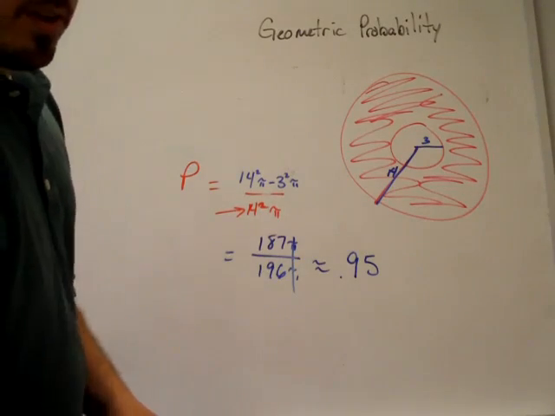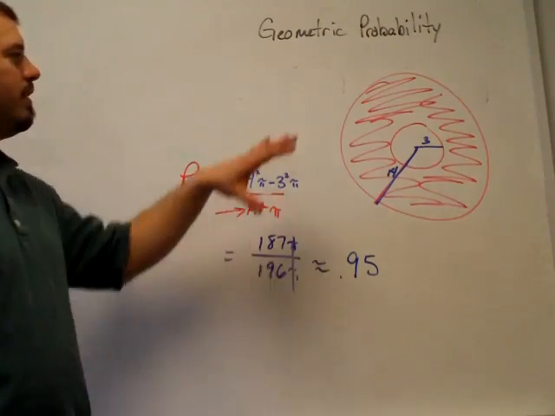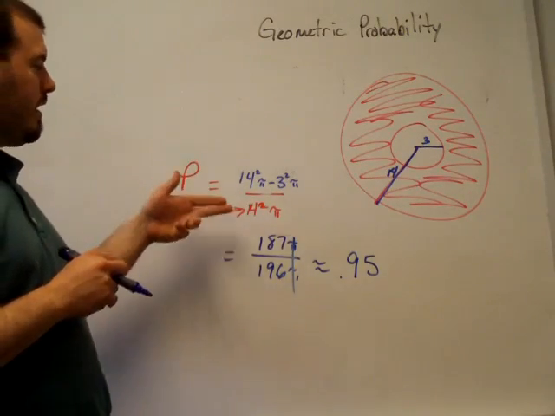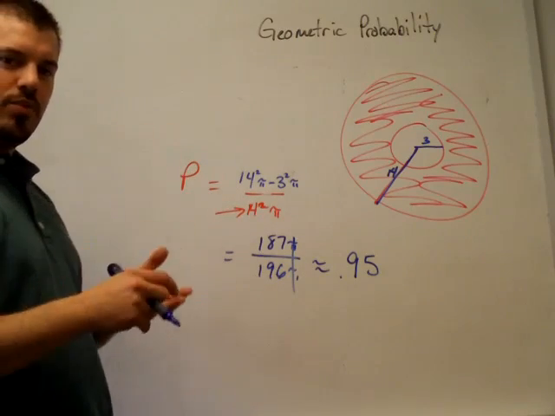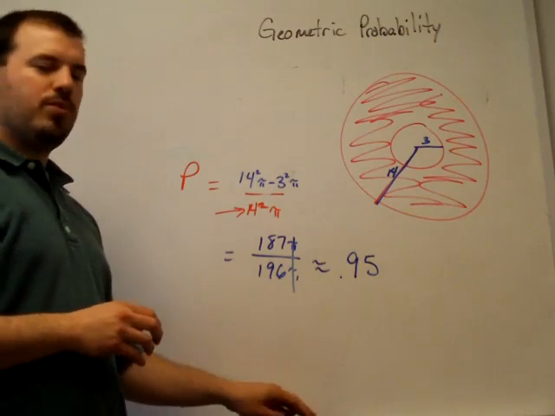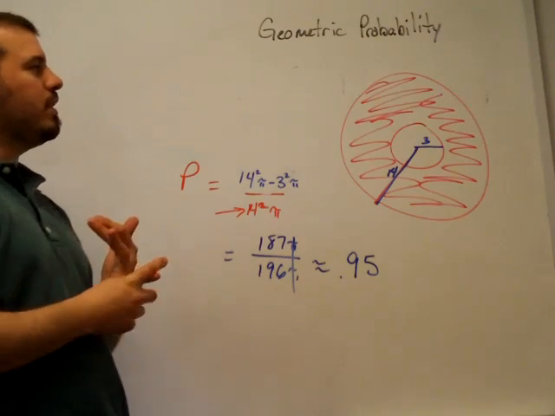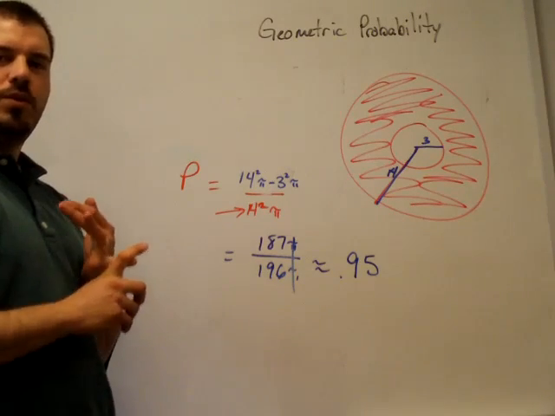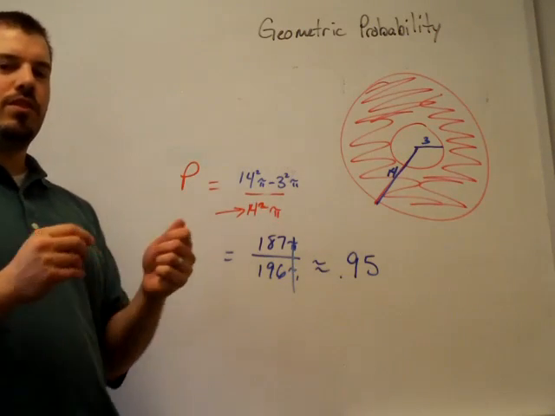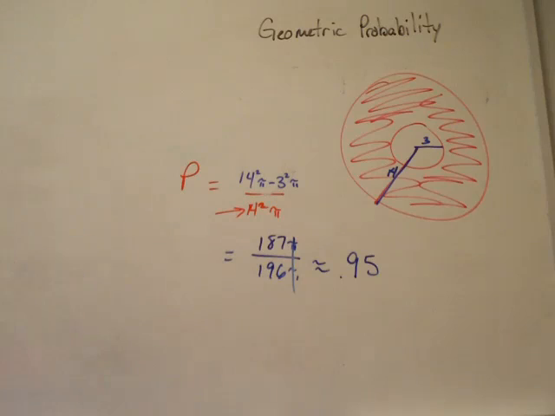So, finding the probability of it falling within the shaded region, you need to find the area of the shaded region and divide by the total area of the shape where the point can be selected from. And that's how you would find geometric probability. There's two different types to think about. There's geometric probability when we're looking at areas, and then there's geometric probability in relation to lengths on a number line or segment.